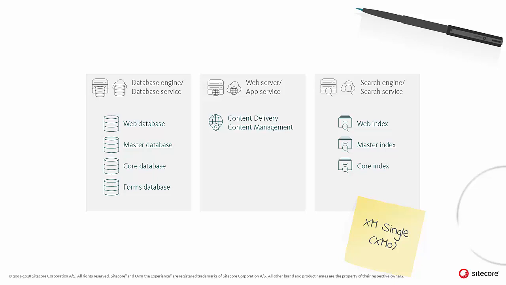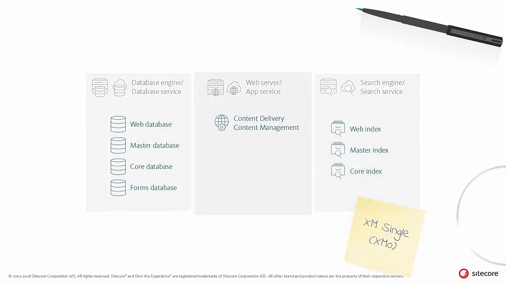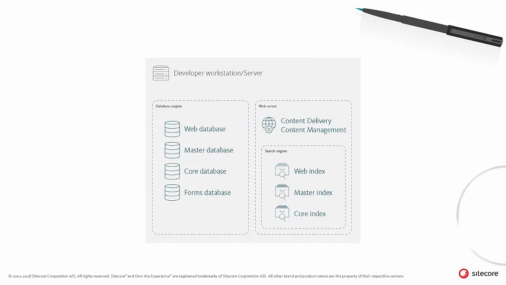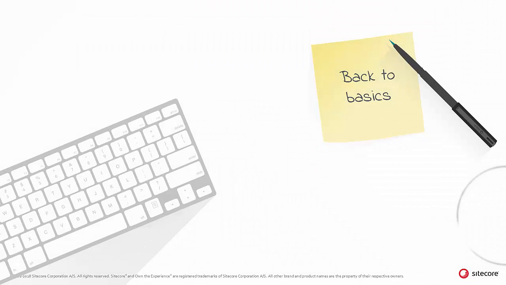We do ship an XP single, where all the XDB roles are included, but not for XM. We also do not ship the even more downscaled setup without Solr, where the search engine is Lucene. So this is what we're going to have a look at.